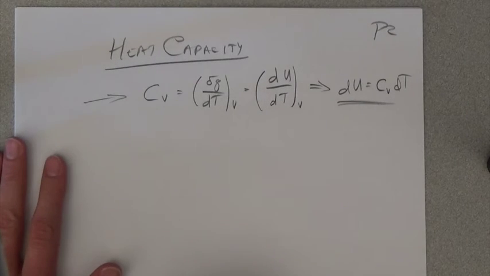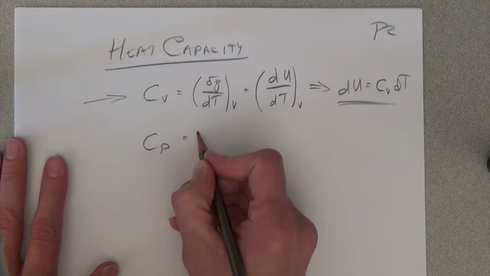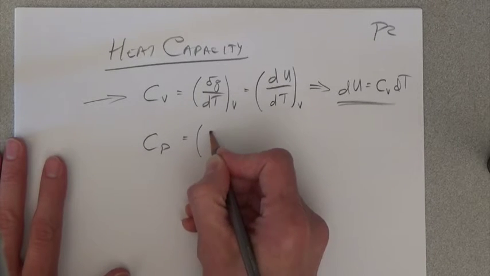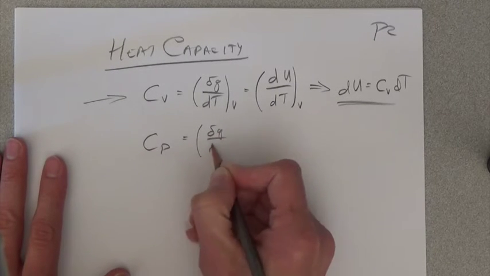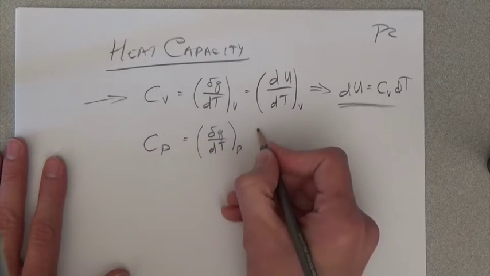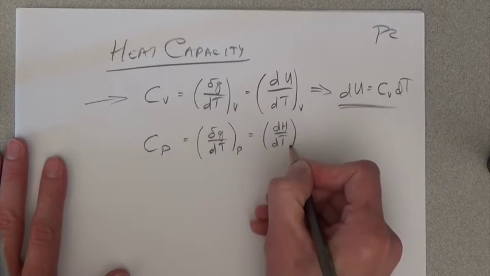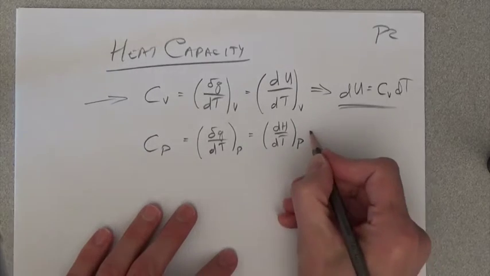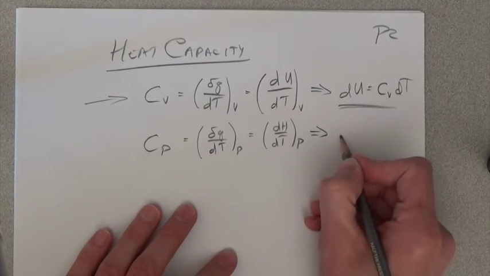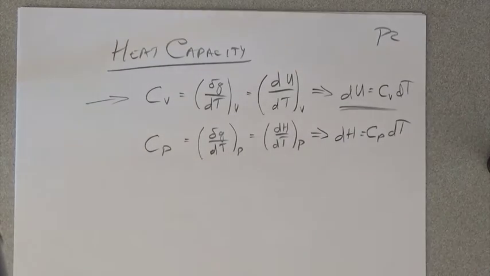And then we can also write a constant pressure heat capacity, C_P, equal to dQ/dT at constant P, equal to dH/dT at constant P. A consequence of this is that dH is equal to C_P dT.